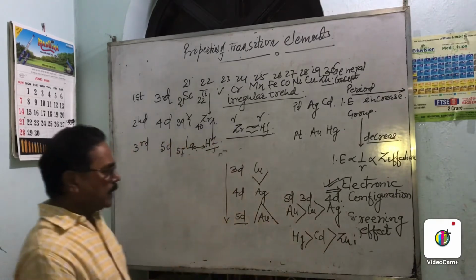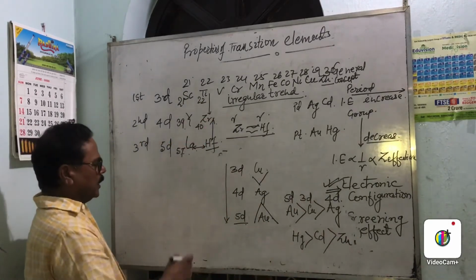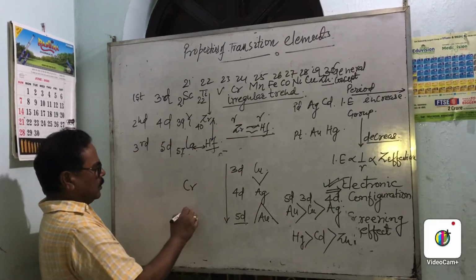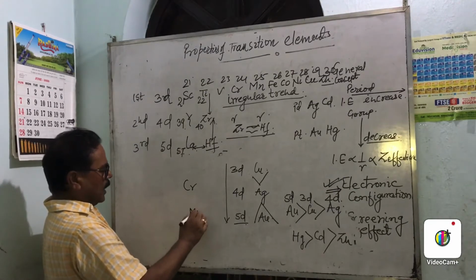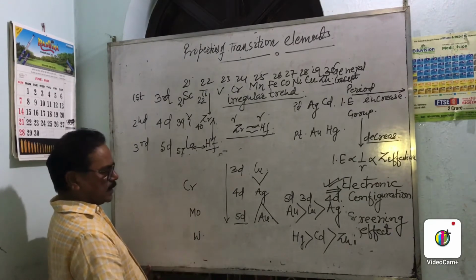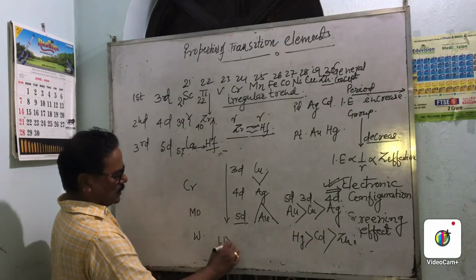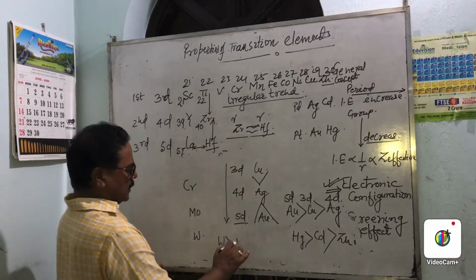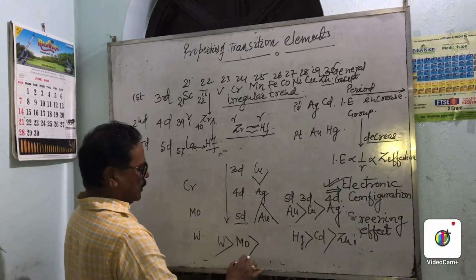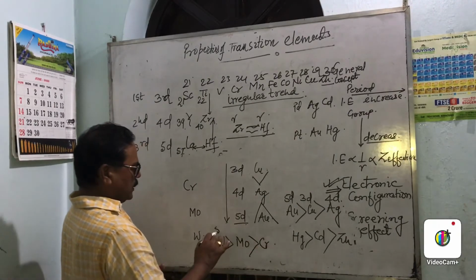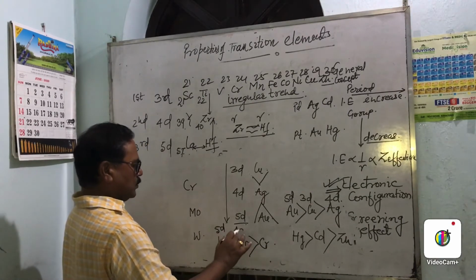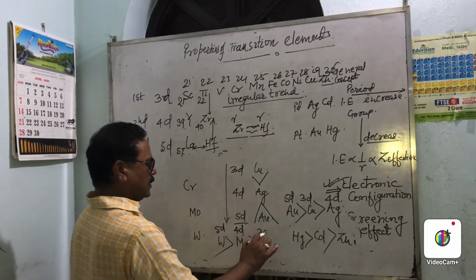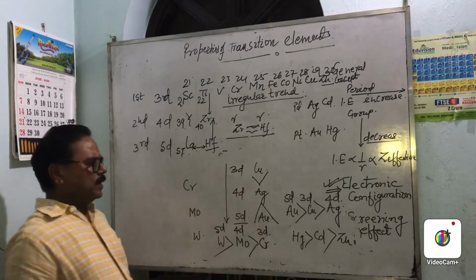But if we talk about chromium, molybdenum and tungsten, in that case the order of ionization energy is tungsten, then molybdenum, then chromium. That is 5d, then 4d, and then 3d. So there are so many exceptions.